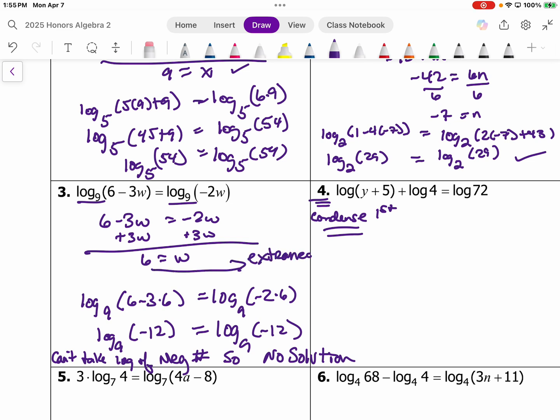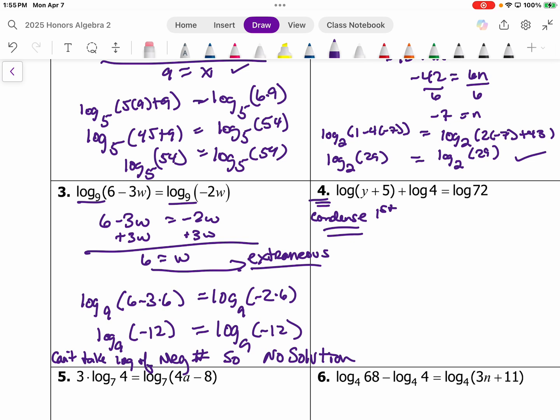It was a solution, again, that we solved for. However, when we check to see if it balances our equation, it did balance, but it made it faulty because we can't take the log of a negative number. So that's where we got to make sure we remember those extra characteristics about what we are allowed to take the log of. We just can't take logs of negative numbers or 0.